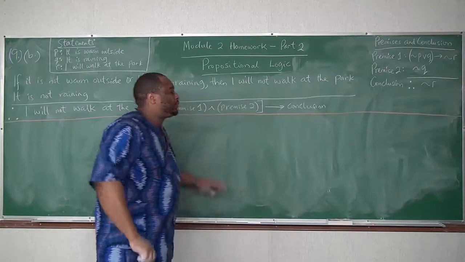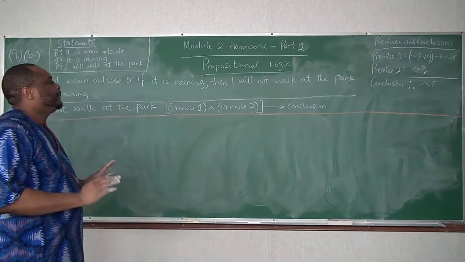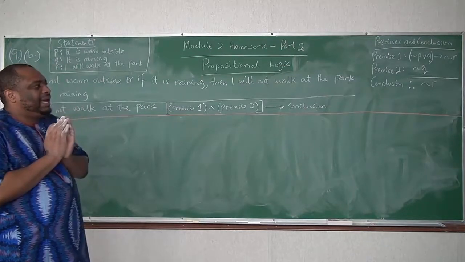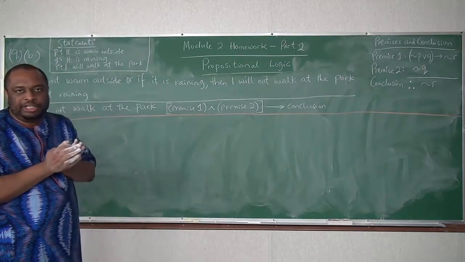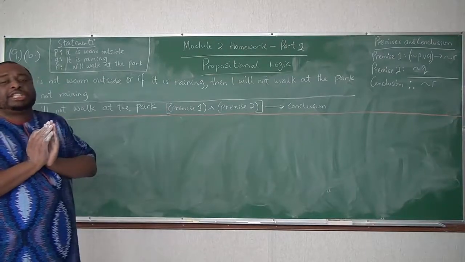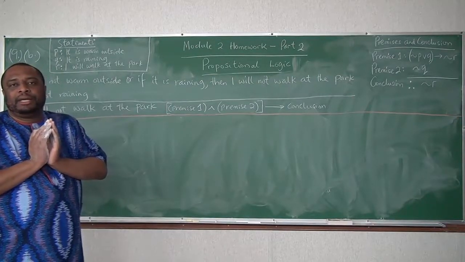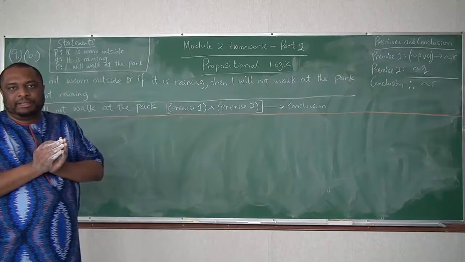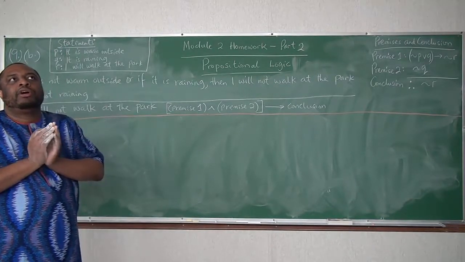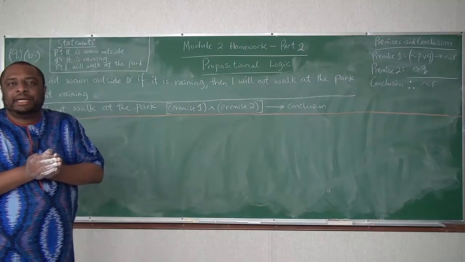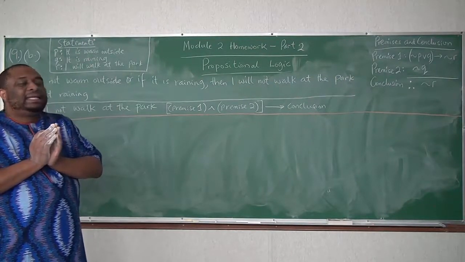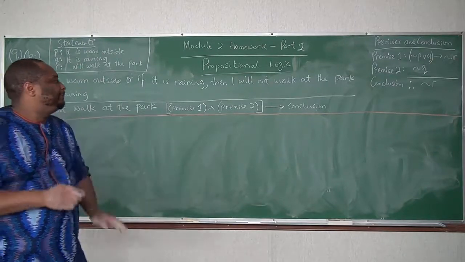We have to draw the truth table for this. If it is a tautology, then it is a valid argument. If it is a contradiction or a contingency, then it is invalid.